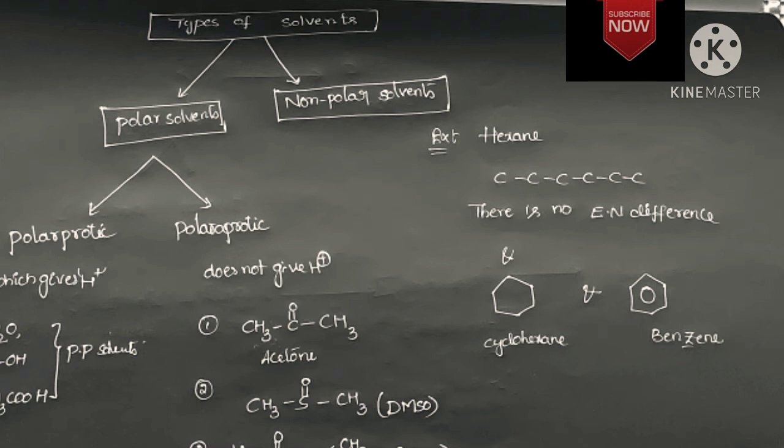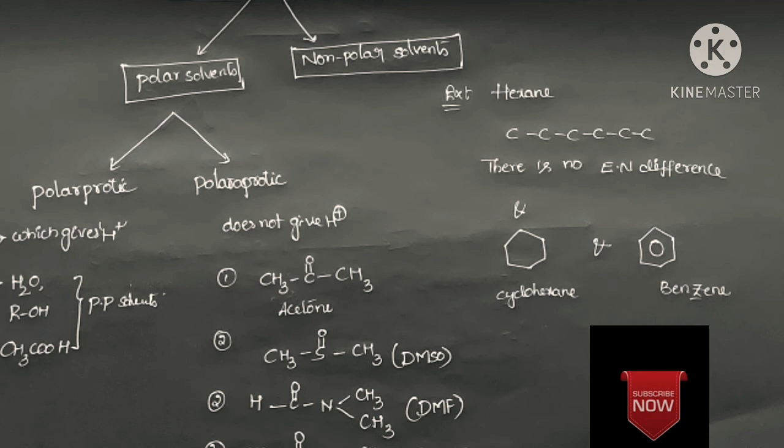An example is hexane. We can see the hexane structure: there is no electronegativity difference between the atoms, so these are non-polar solvents, non-polar compounds. Cyclohexane and benzene also come under non-polar solvents.